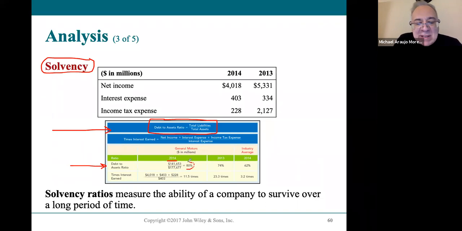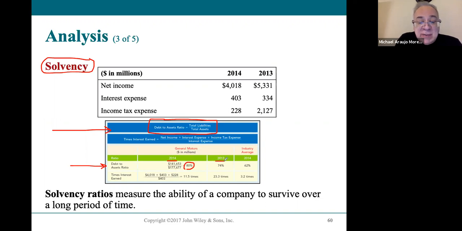And that means their debt to asset ratio is 80%. That's very high. Debt to asset ratio means the percentage of assets that's bought with debt. So 80% of their assets are financed with liabilities. So that's a pretty high ratio.